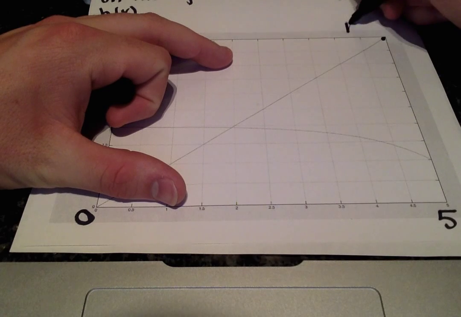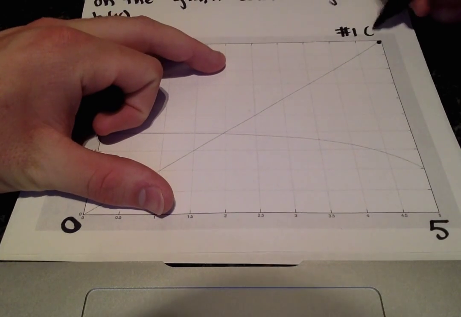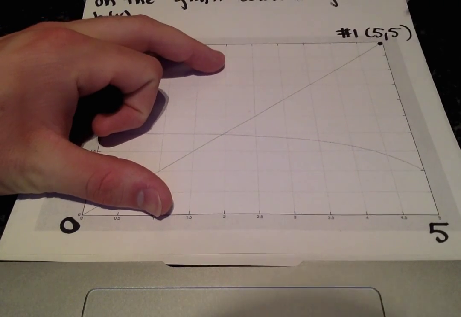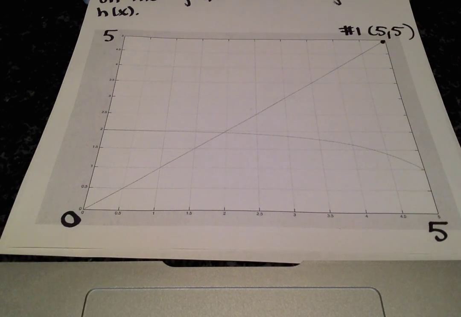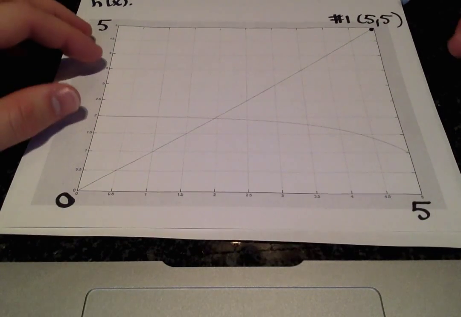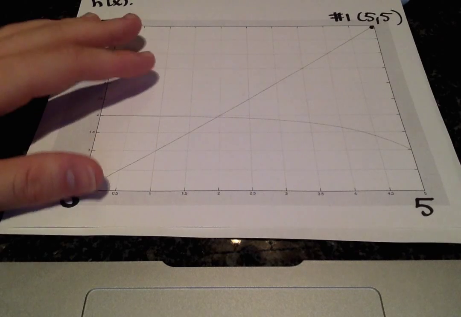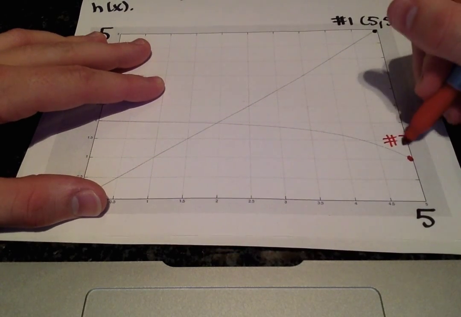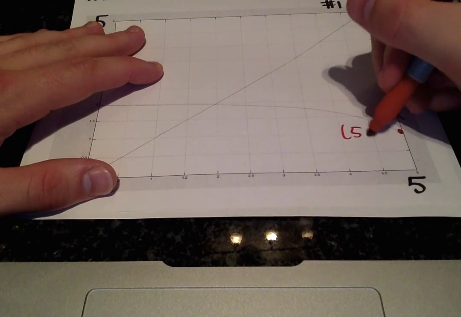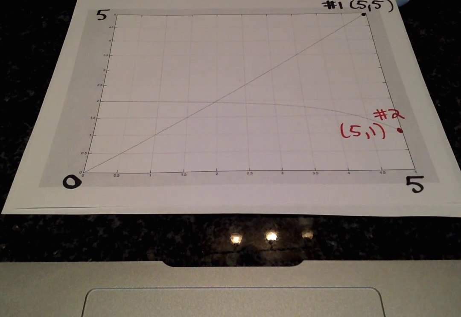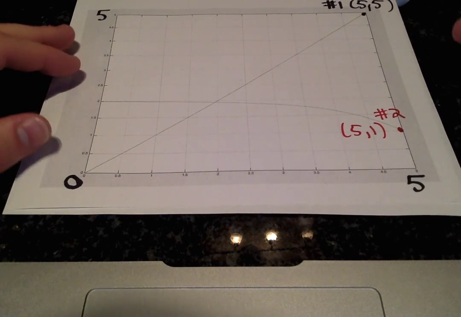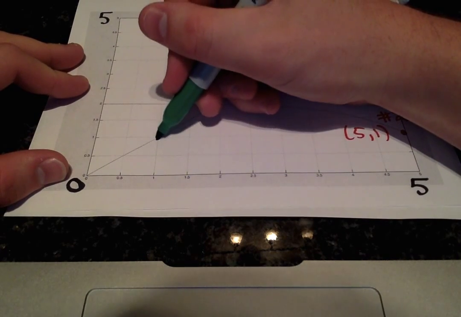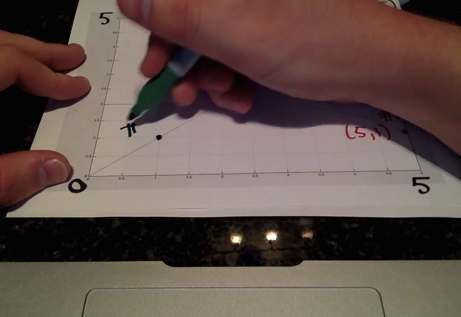That's number 1, 5, 5. And our second point we found to be right here, number 2, and that was 5, 1. And our third point we found to be 1, 1, which is right here.